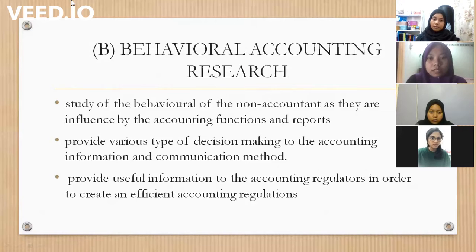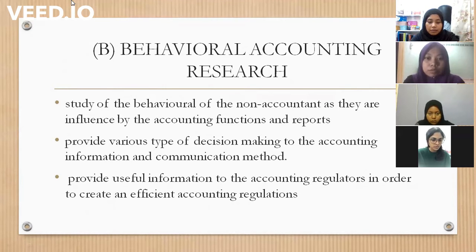Behavioral accounting research is the study of the behavior of non-accountants as they are influenced by accounting functions and reports. It provides various types of decision making related to accounting information and communication methods. It also provides useful information to accounting regulators in order to create efficient accounting regulation.